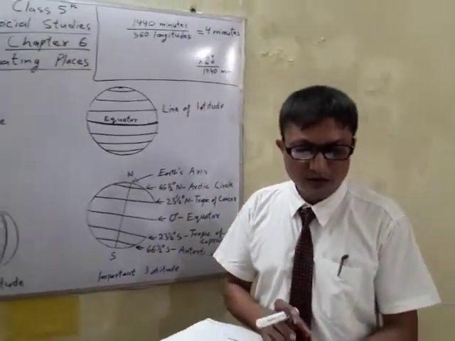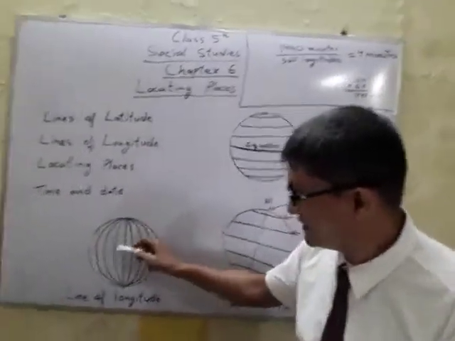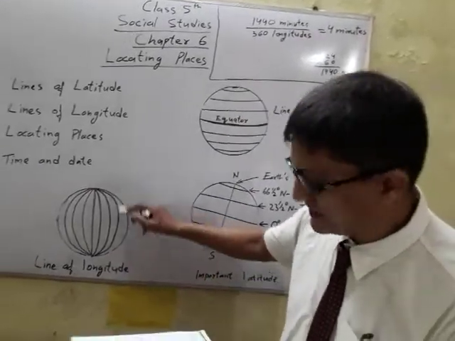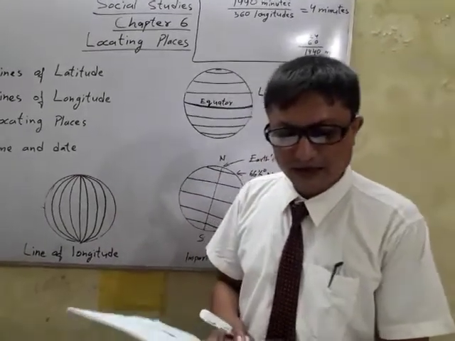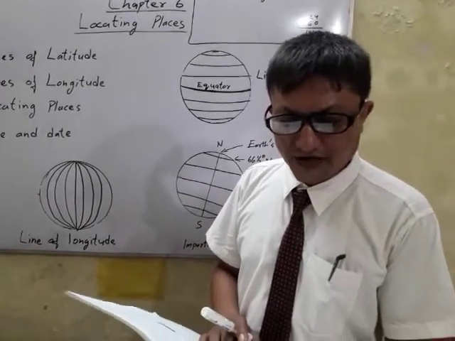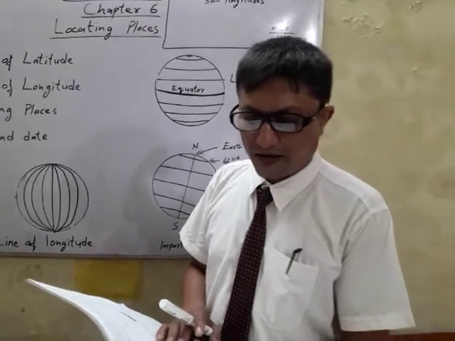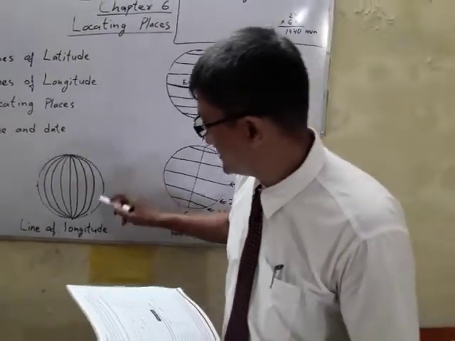Now the lines of longitude. These are horizontal lines; these are vertical lines called longitudes. The set of lines which run from the North Pole to the South Pole on the Earth are called lines of longitude or meridians.